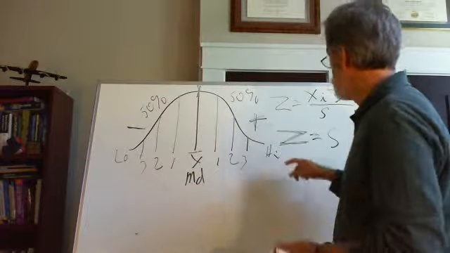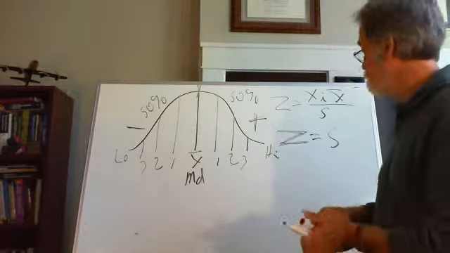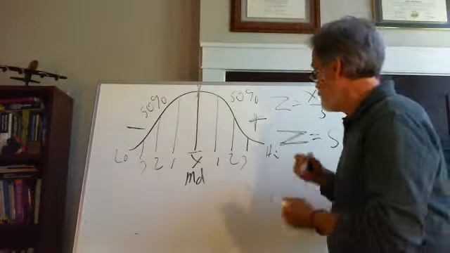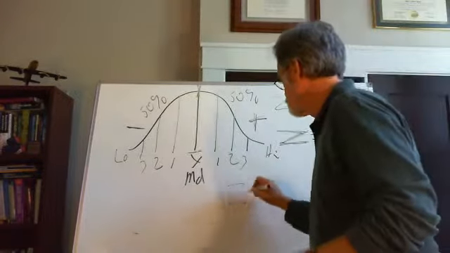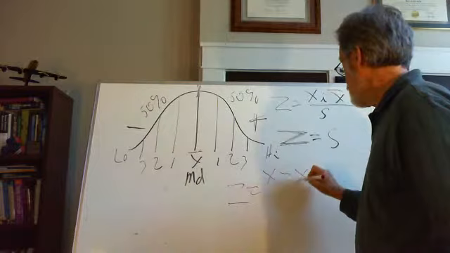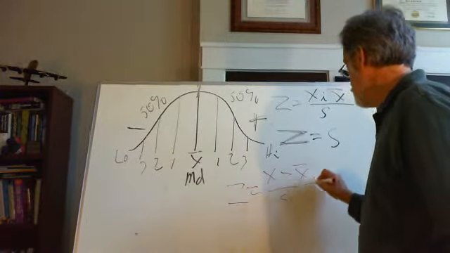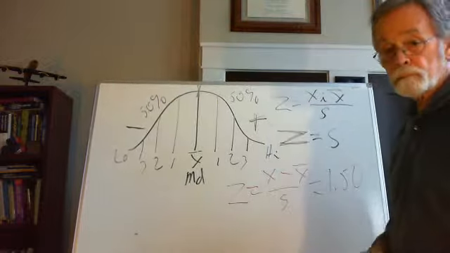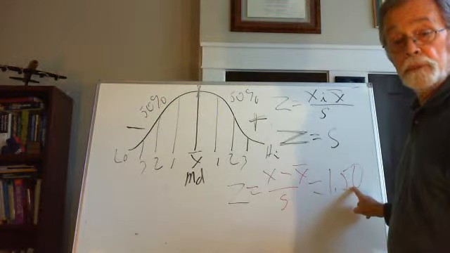So when we do the z-score, for example, let's say we do something, and this is hypothetical. Let's say that we do an x minus an x bar, and we get a z-score of 1.50. That is a deviation.